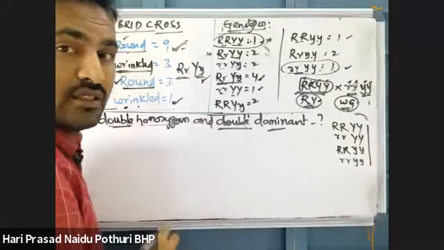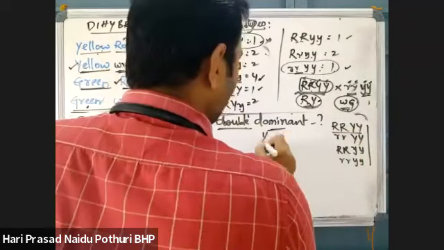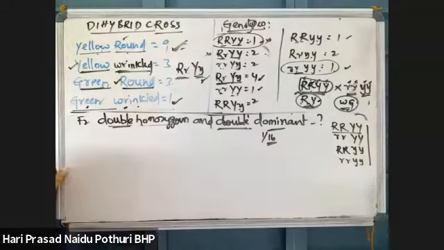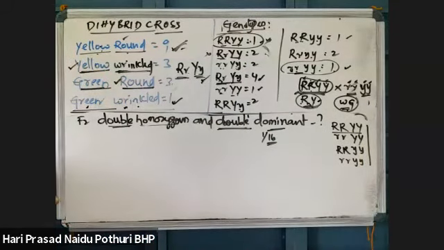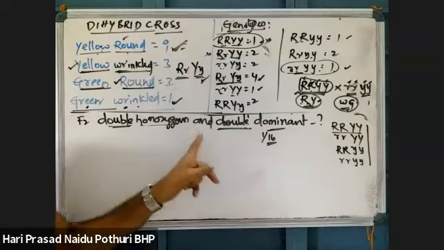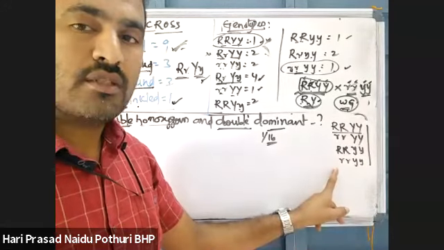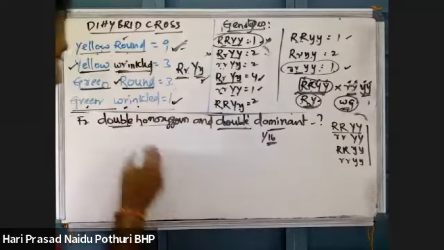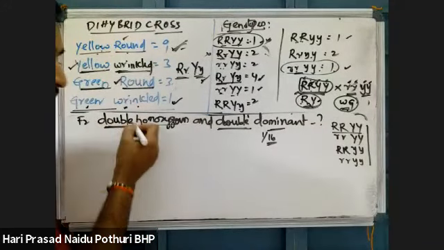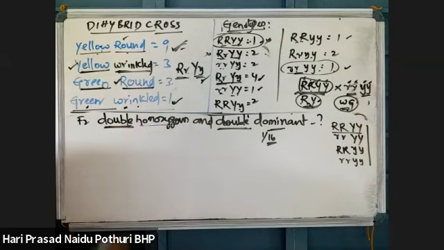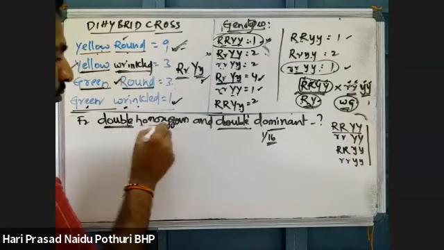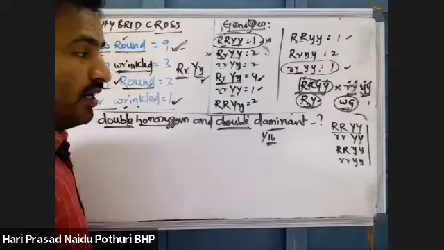Dominant for both characters means this one. 1 by 16. Double homozygous for this both. But question is double homozygous, Roshan. Question is double homozygous and double dominant.